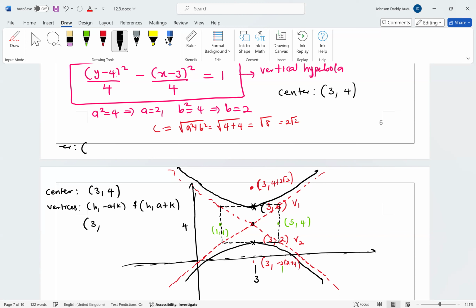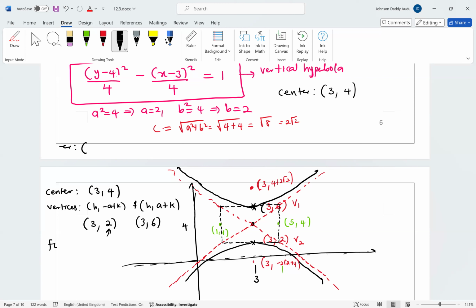That's why we have 3, 2 and 3, 6. Because if you use the formula, A is minus 2, so you have minus 2 plus K, which is 4. So it will give you this one. Here, A is 2, and 2 plus 4 will give you 6. So these are the vertices.